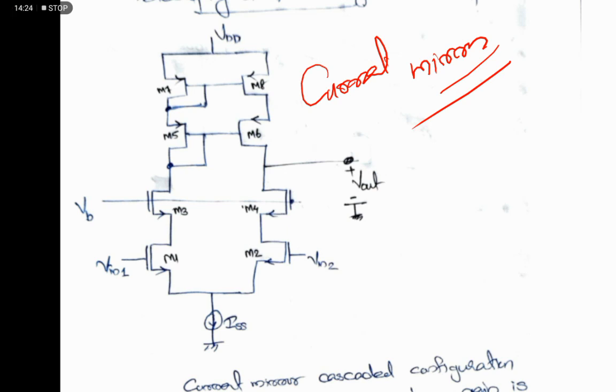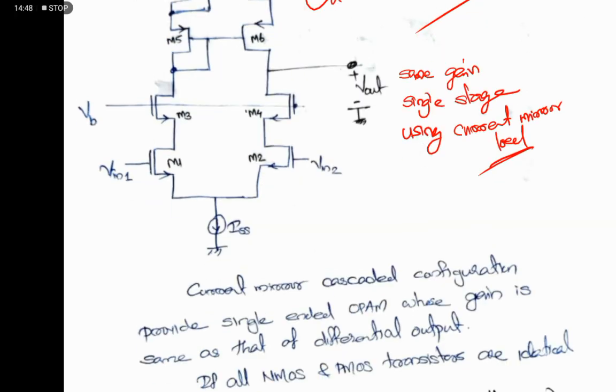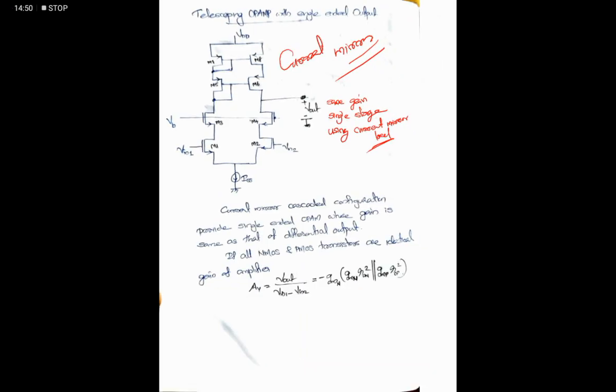But here we will get the same gain in a single stage using a current mirror load. And I think in the textbook also they didn't give any derivation. You can directly write the formula.